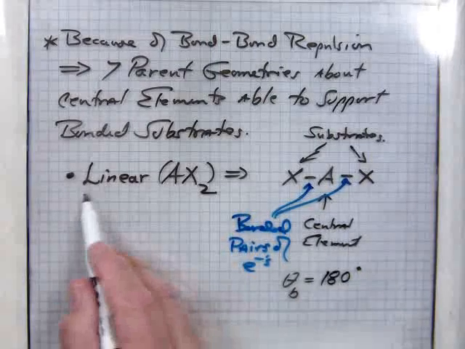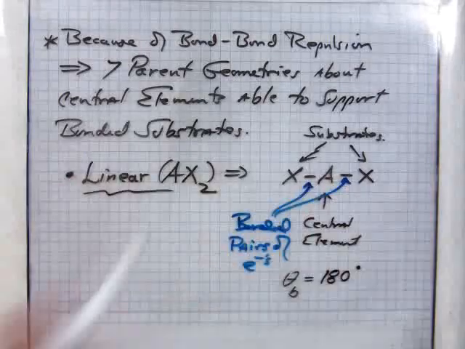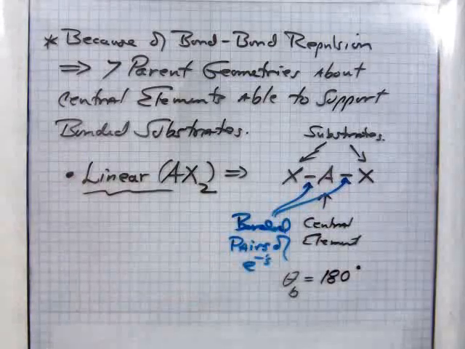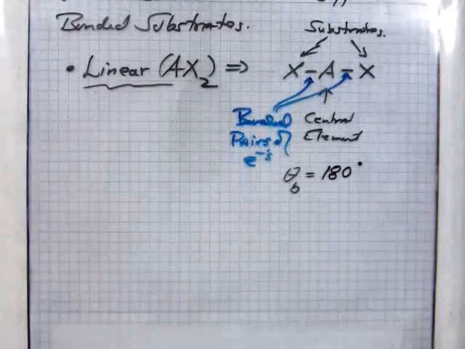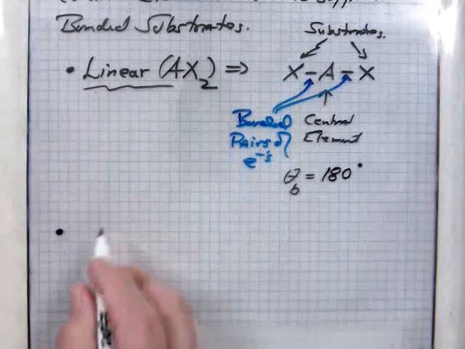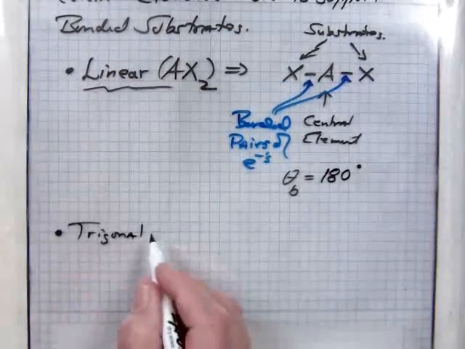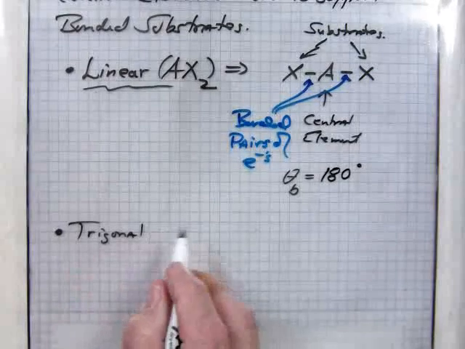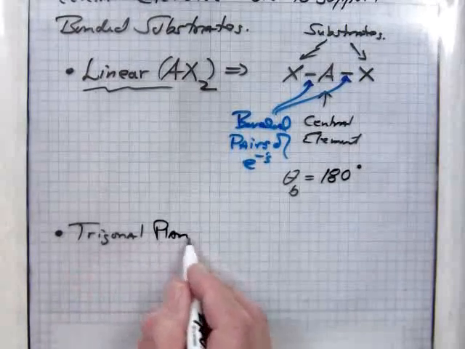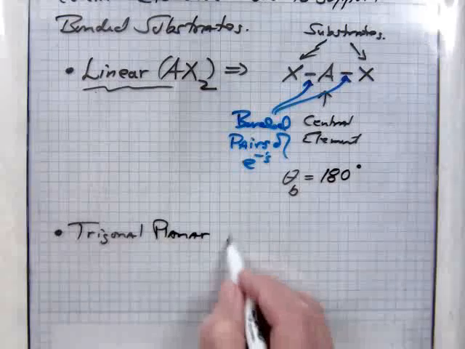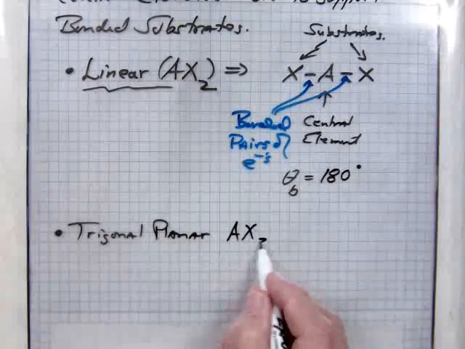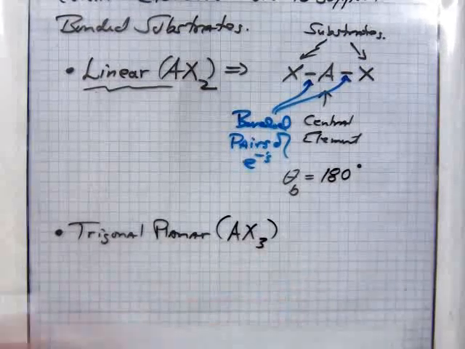Now, I said there were 7 parent structures. The second one in this collection is called a trigonal planar. Yes, you've got to learn all this. Knuckle down. And it involves 3 substrate attachments to the central element.